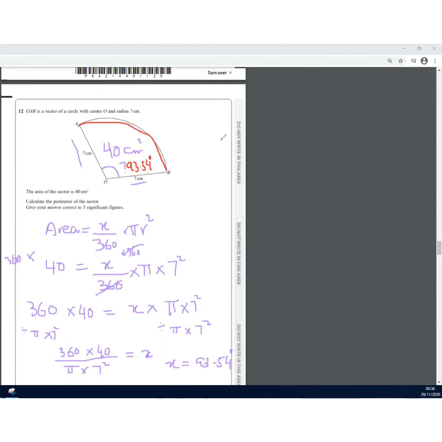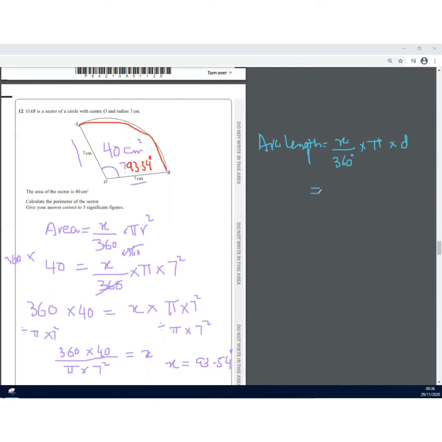To find the arc length, the formula we would simply use is arc length is equal to x divided by 360 degrees, again, x is the angle, which we just found, times pi times d.